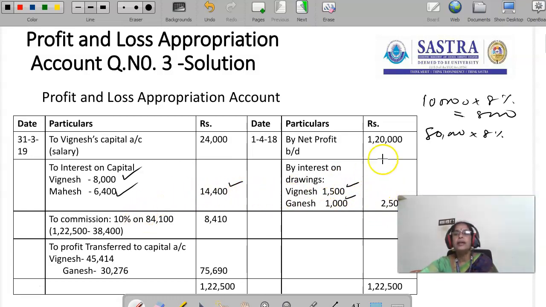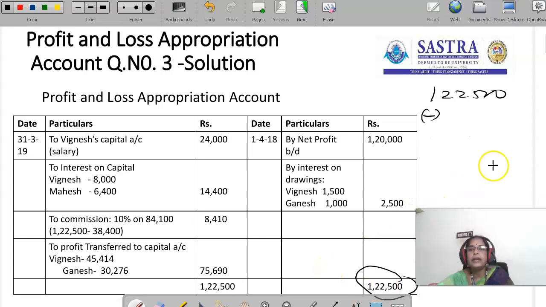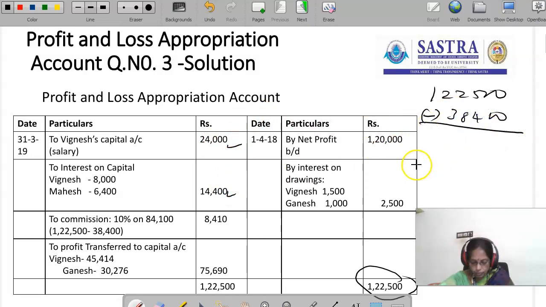Then the total is 1,22,500. So the total of the credit side is 1,22,500. So 1,22,500 minus 38,400, which is 24,000 plus 14,400. If you deduct, you will get how much? 84,100.